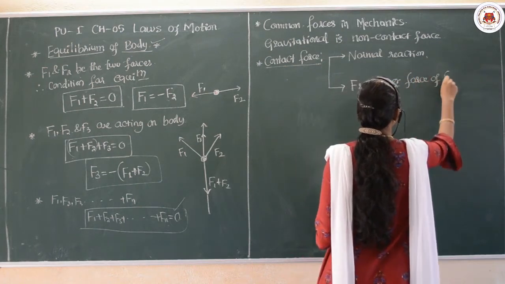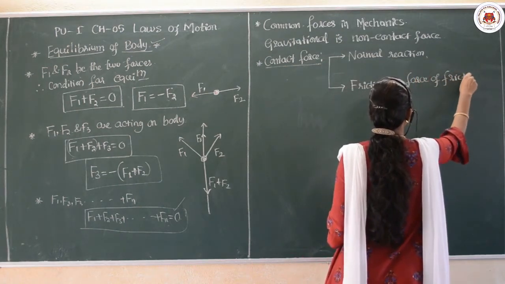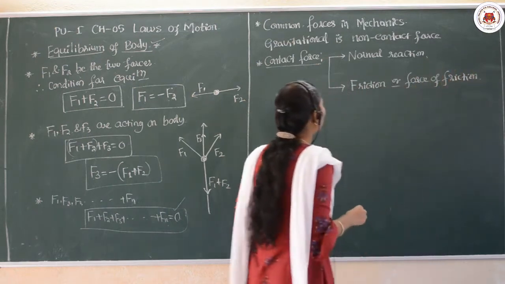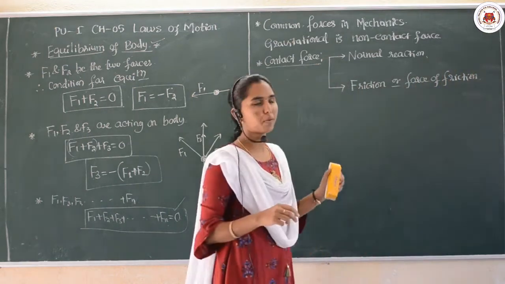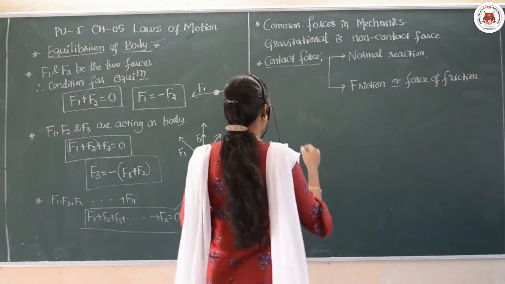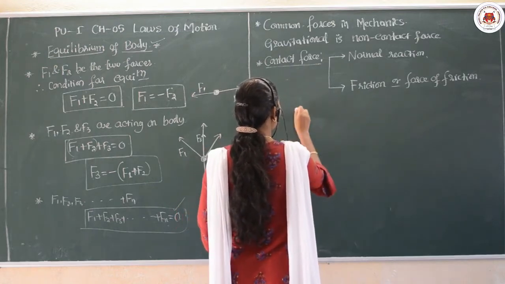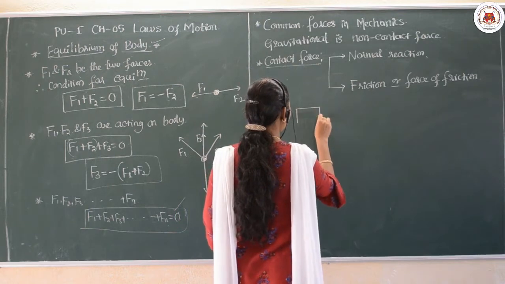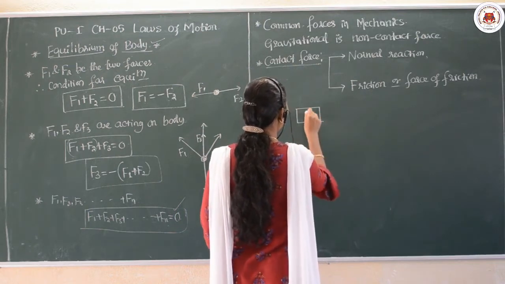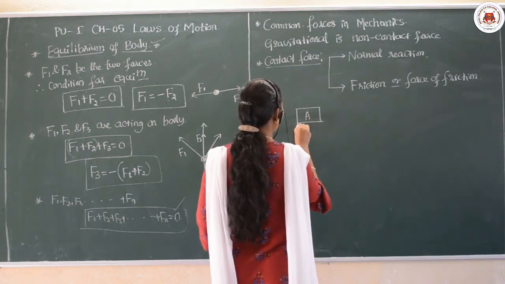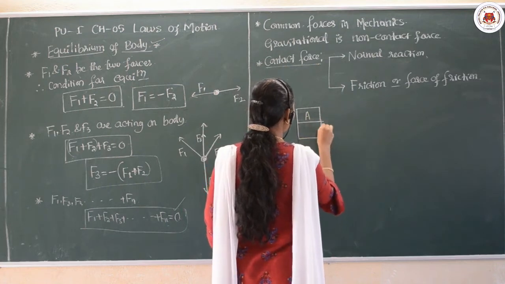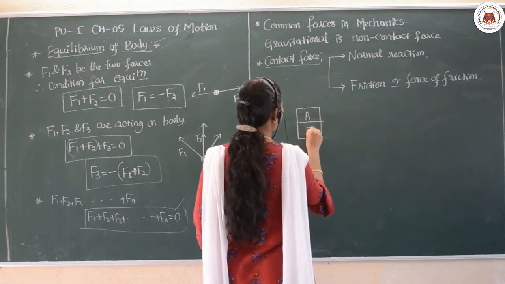Yes, and let me explain to you about the normal reaction. What happens in a normal reaction? Let us assume there are two bodies. Call this body A, and this body B here, right?